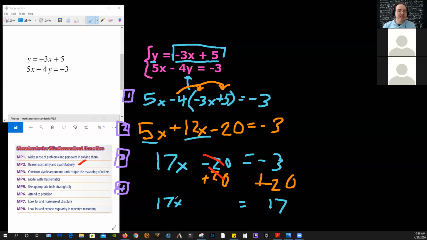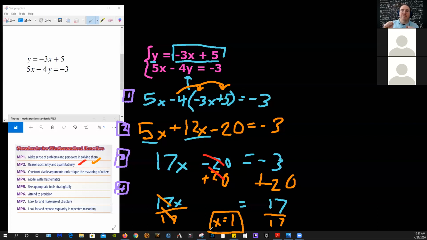So we're left with 17x equals 17. You might see what the answer is already. But if I divide both sides by 17, again, that's another abstract rule. So now, what's 17 divided by 17? x is equal to 1.